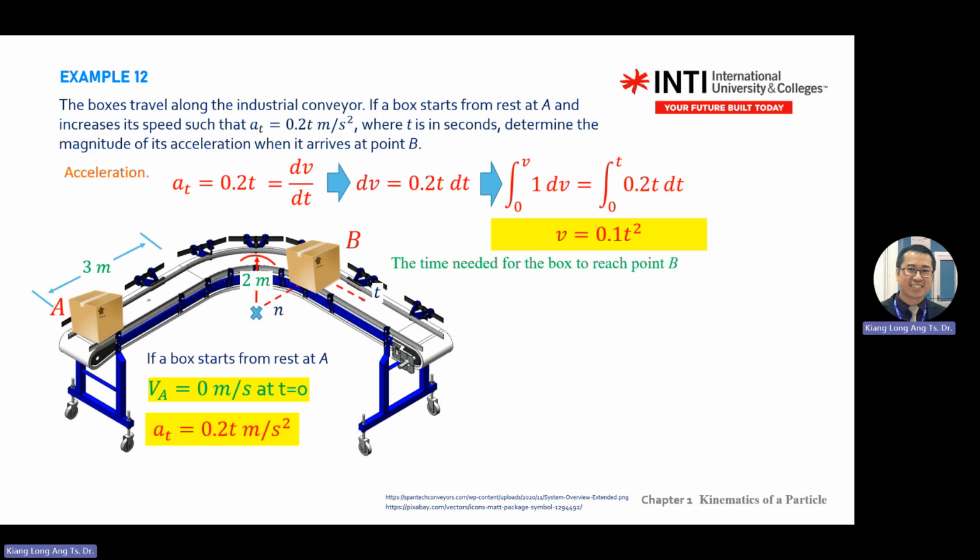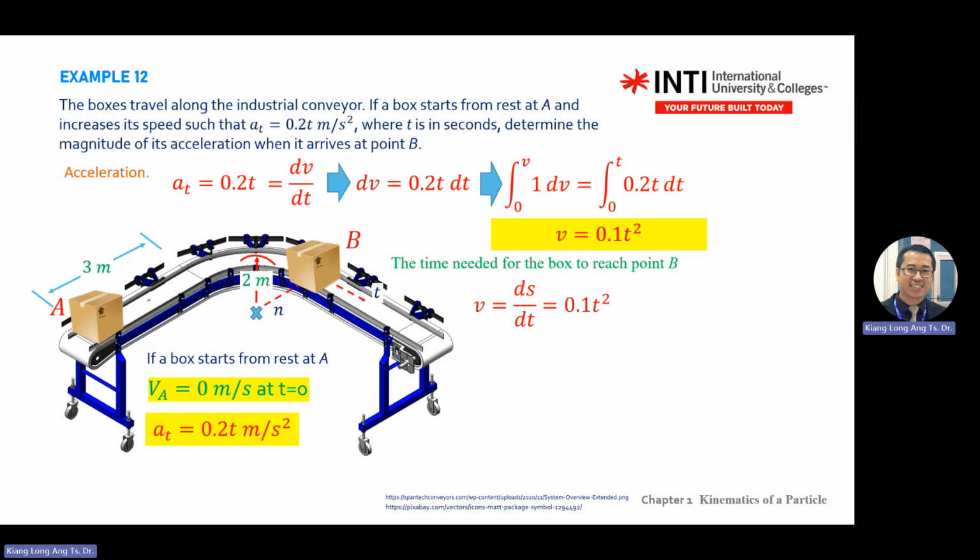So for the time needed for the box to reach B, we only need to find this equation. This equation, 1.1 T squared, applies from A, from this point until here. Again, recall the first two lectures. What is the definition of V? V equals ds dt.